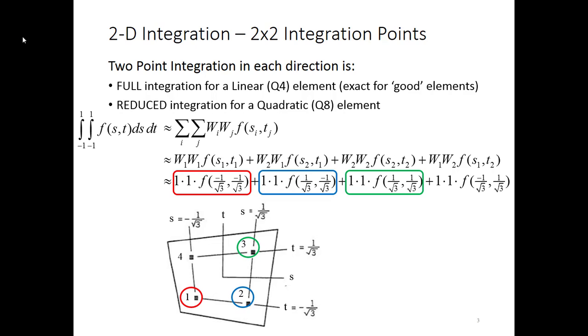That corresponds to our third integration point where both the s and t terms are positive, and then lastly the fourth integration point where now the s is negative and the t is positive. So that explores our 4 integration points. Those are the 4 terms that have to be added up together to give us the approximation for an integrand using the 2 by 2 integration points.